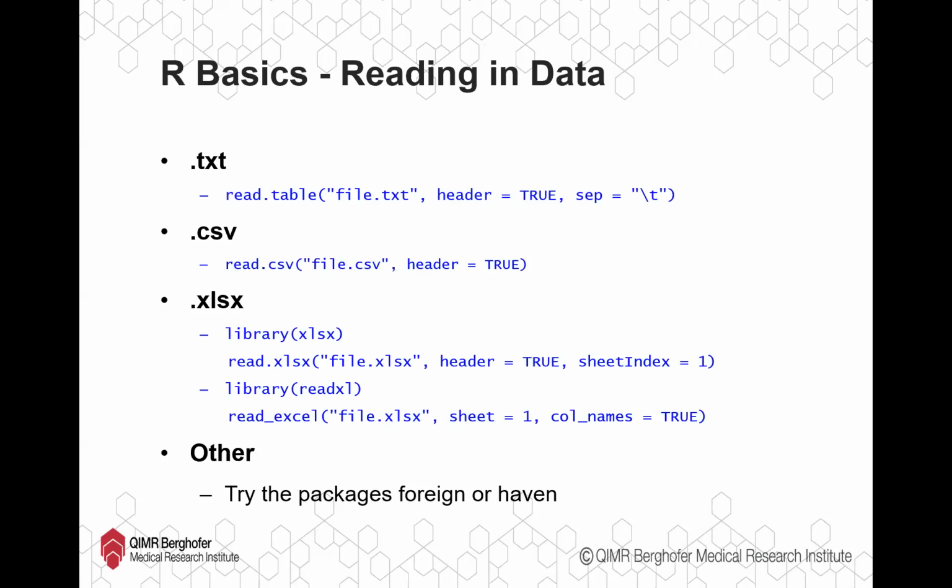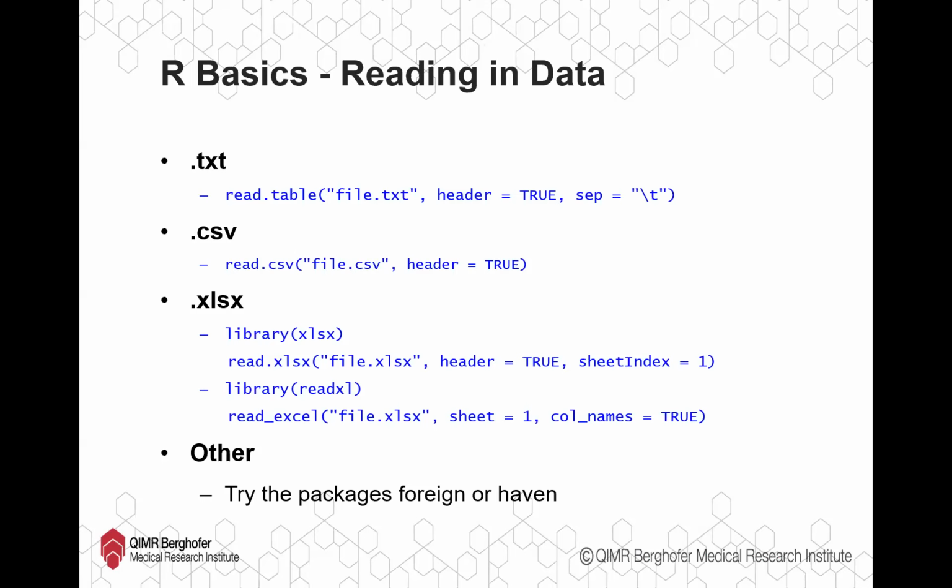So .txt, .csv, and .xlsx are probably your most common file formats. There are many other types of file formats you can get. You might have data that is already saved as an SPSS data file, or a Stata data file, or a SAS data file.